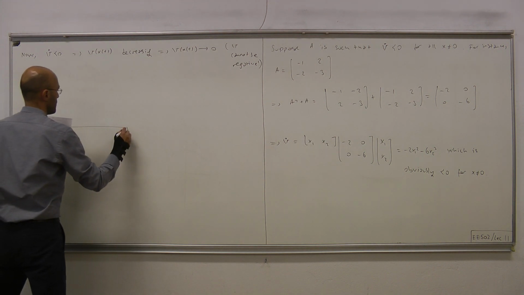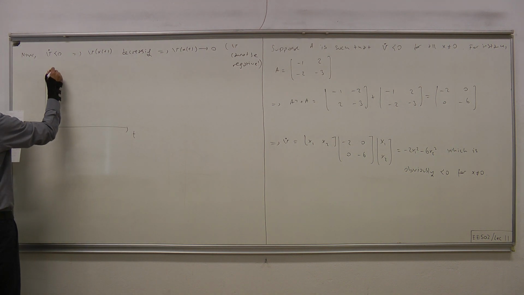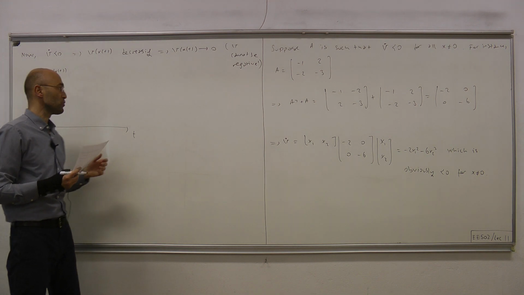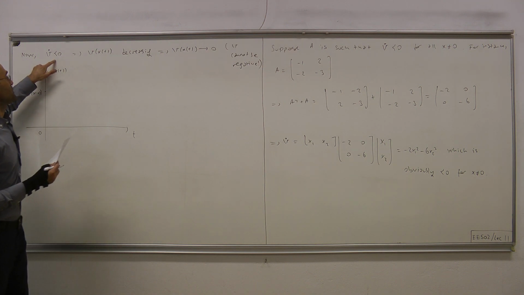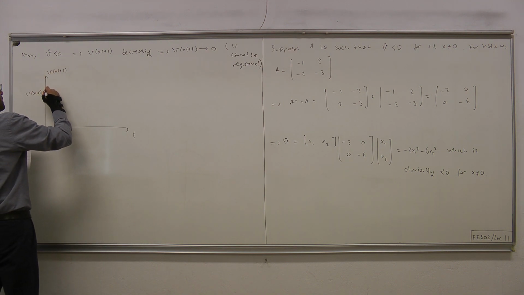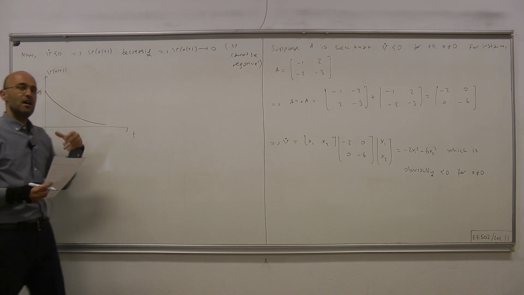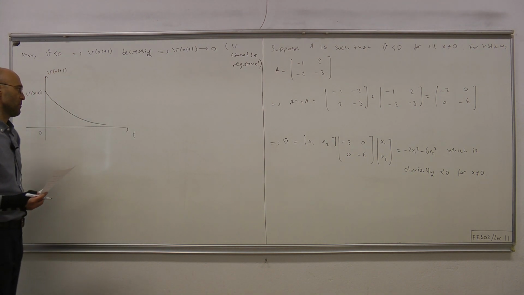So this is 0, this is t, and this is our function v of x of t, and this is v of x of 0. As time goes on, this is where we start, v of x of 0, and since v dot is always negative, we're always decreasing toward the minimum value that v can take, which is 0.